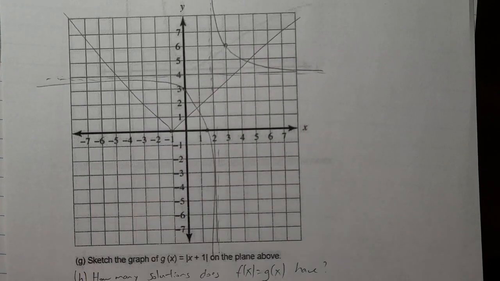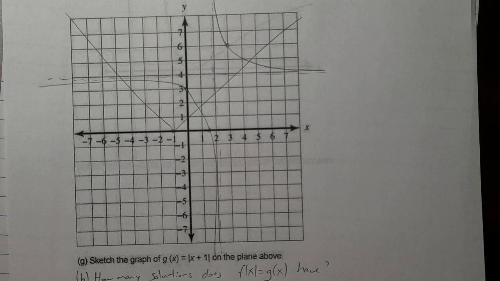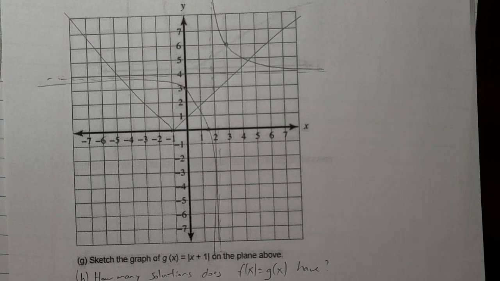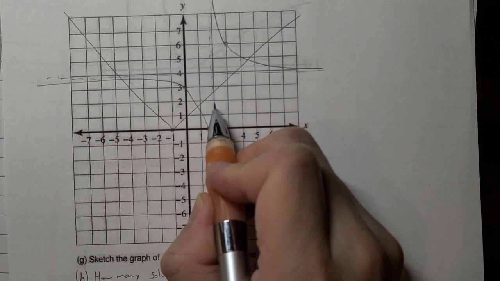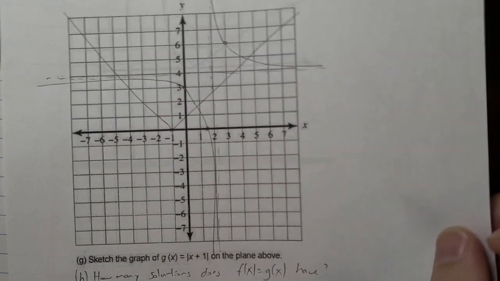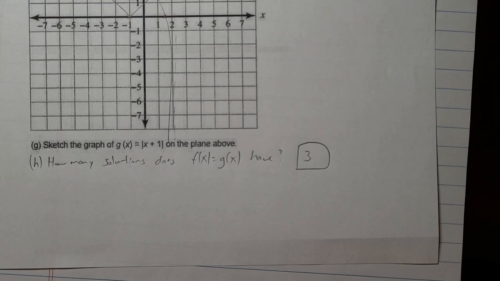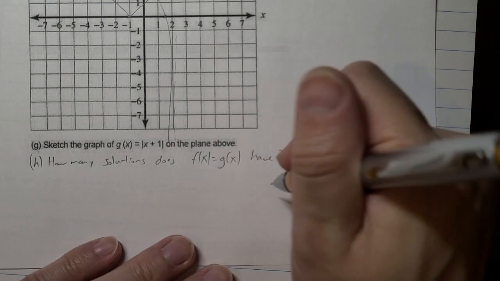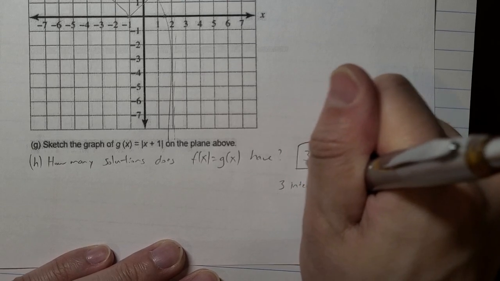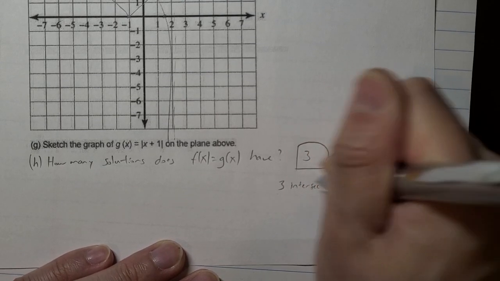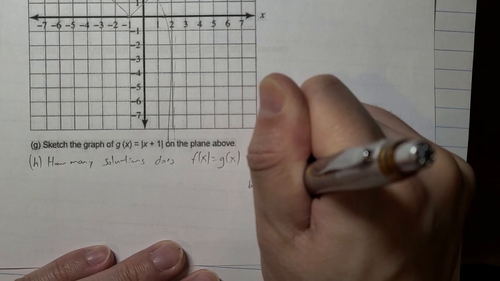That's why we sketched them. Okay, so how many intersections are there? So there's one here, and there's another one here. So the answer is 3. 3 solutions, because it intersects 3 times. Oh, you're right, 3 intersections.